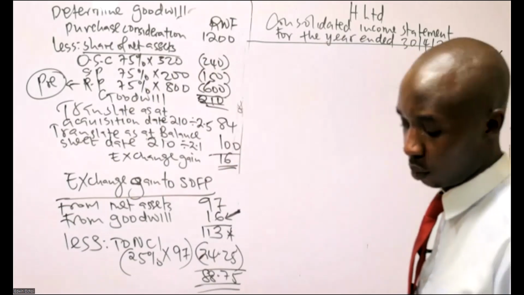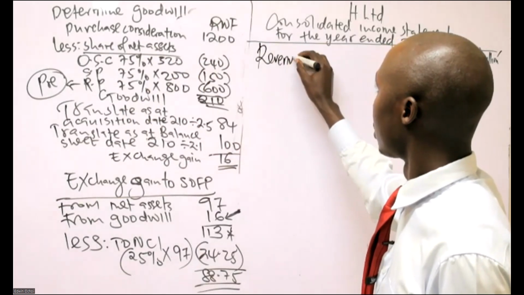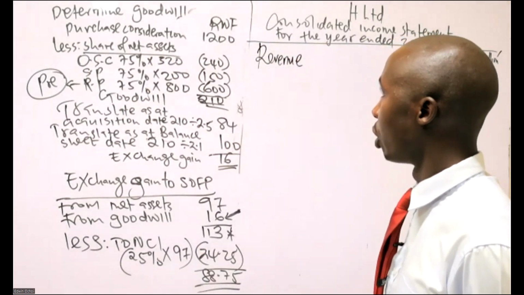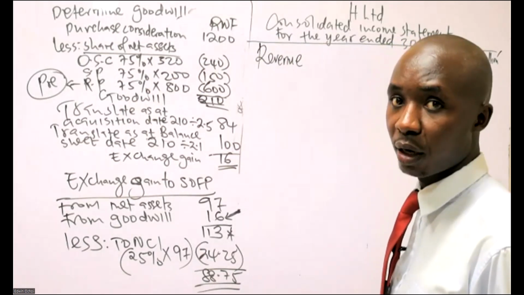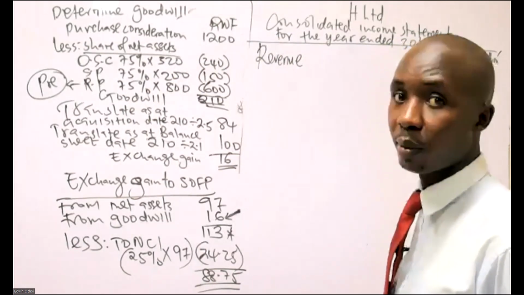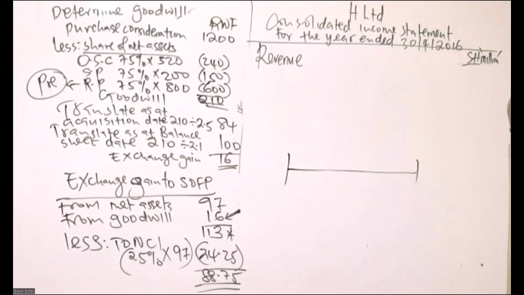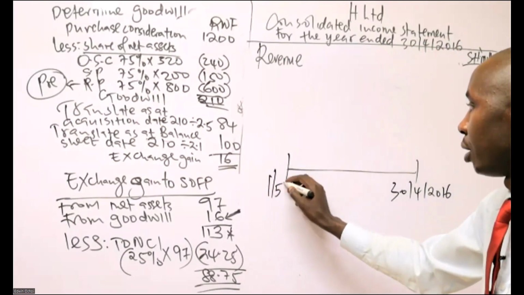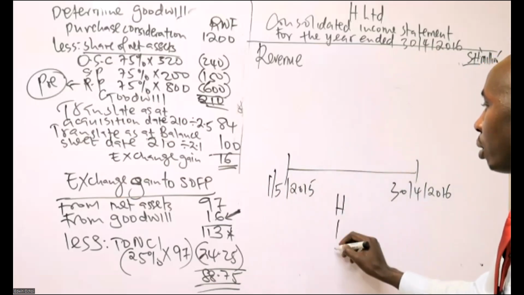So we can start from revenue. Remember that when you are doing an income statement, you have to test if the subsidiary was there for the entire year or it was existing for some months. Our financial year ends when? 30th April 2016. It starts on 1st May 2015. H acquired who?